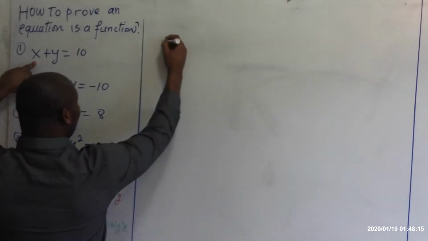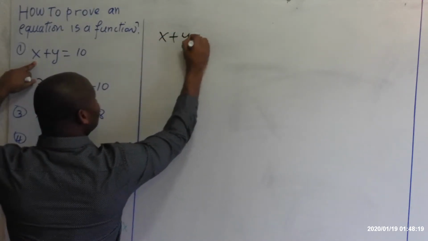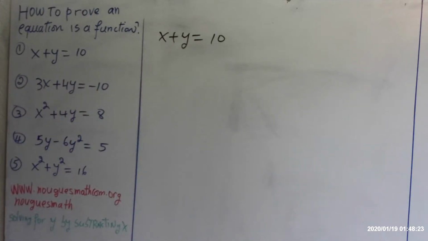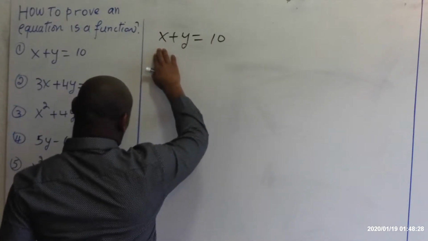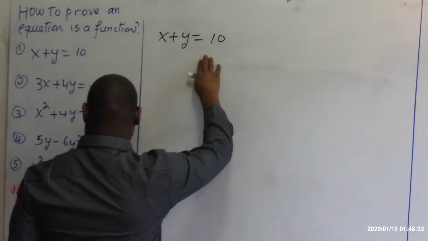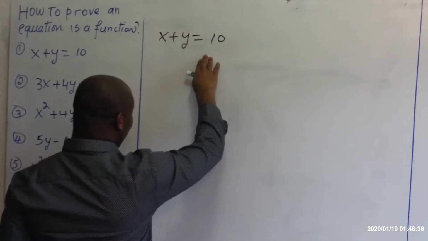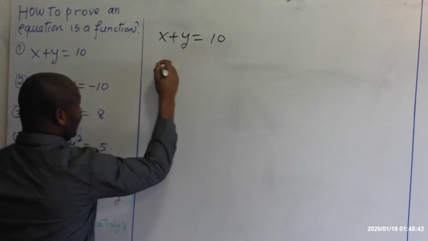The first example, we have x plus y equals 10. As I told you, we're going to subtract x from both sides to see if, whatever value I plug in for x, I will have a unique value for y.